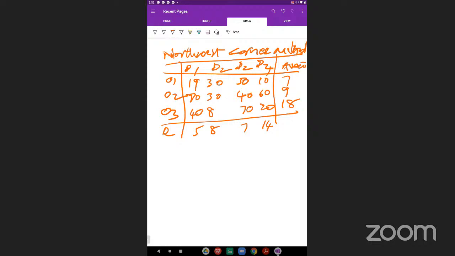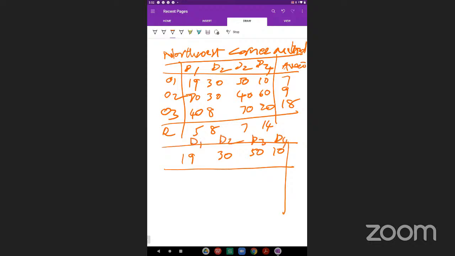He will ask to obtain the initial basic feasible solution. What shall we do here? First we will take that problem here: 19, 30, 50 and 10. I will draw the boxes: D1, D2, D3, D4. Step 1 is the given.